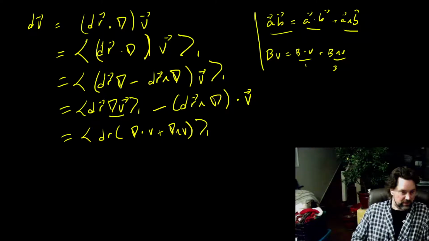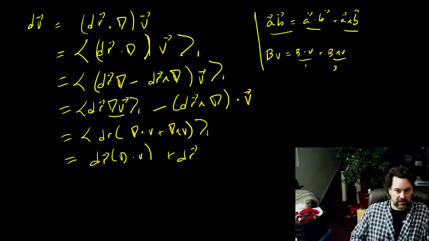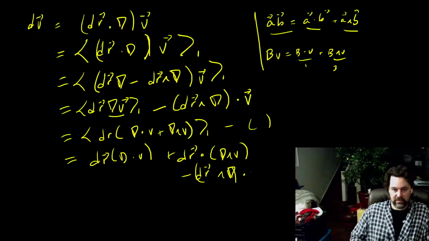So we can write all of this out as dr grad dot v plus dr dotted with grad wedge v and minus dr wedge grad dot v.